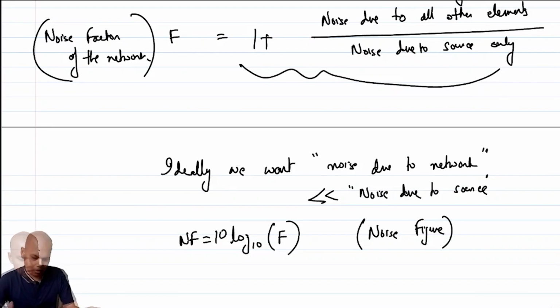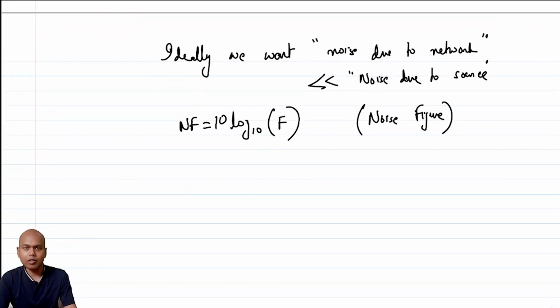So that is something that we should be aware of. It is never achievable, obviously, because you will never get a transistor or a resistor which doesn't have any noise. But at least we know that there is a metric to characterize the noise performance of the system, and that is through noise figure.